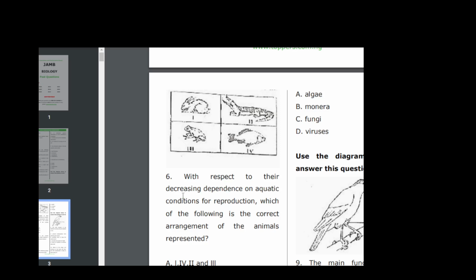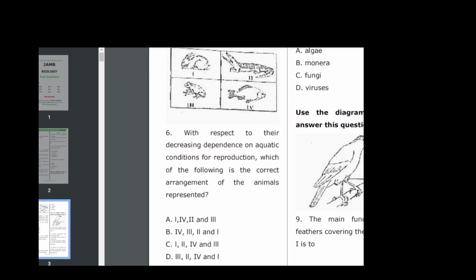I believe the one that depends mostly on aquatic conditions is going to be the fishes, because without an aquatic environment, the fishes cannot carry out reproduction. So the fishes come as number 1.